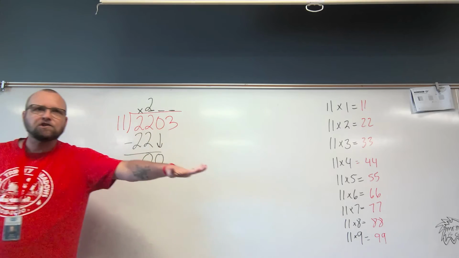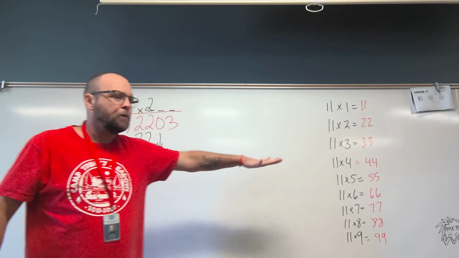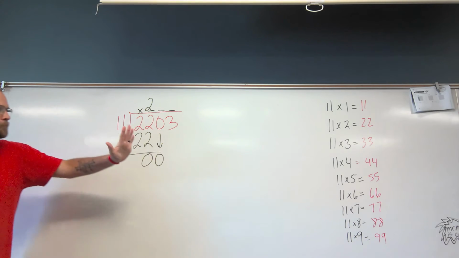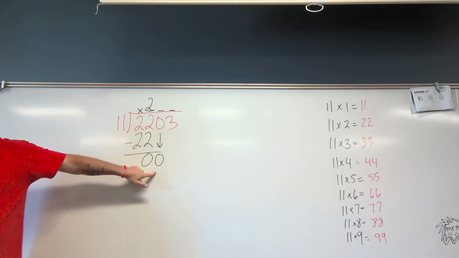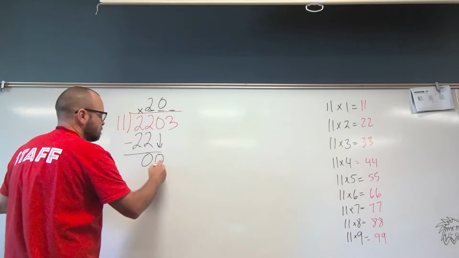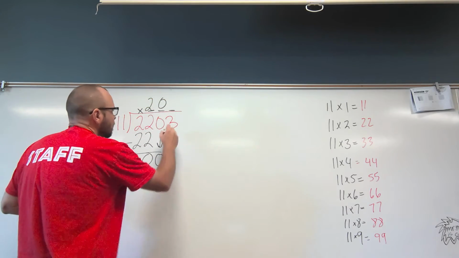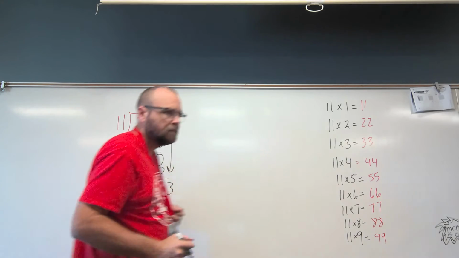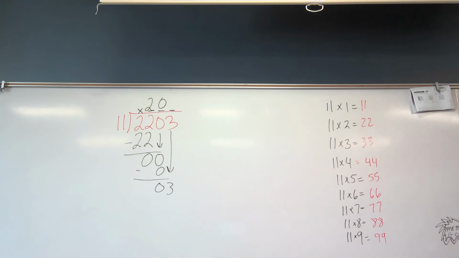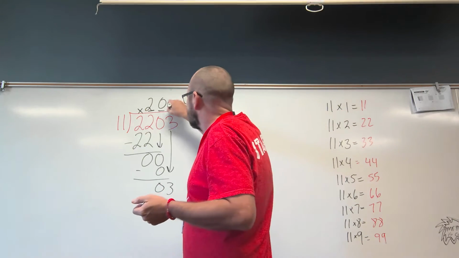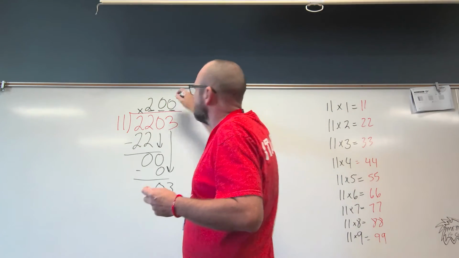The United Nations said it. The Prince of Arabia said it. Has to be done. So, does 11 go into 0? No. So it's going to go in there 0 times. Then I bring down the 3. Does 11 go into 3? No. Not going to happen. So this is going to be a 0, and I'm going to have a remainder of 3.